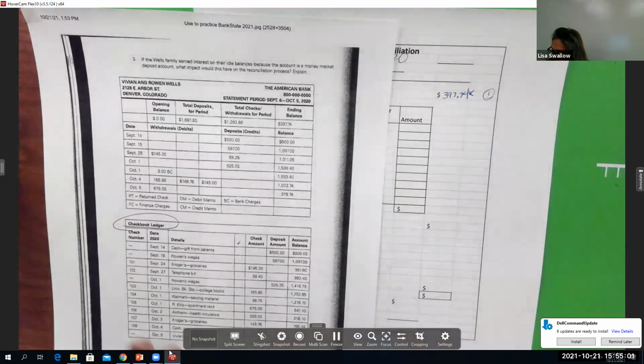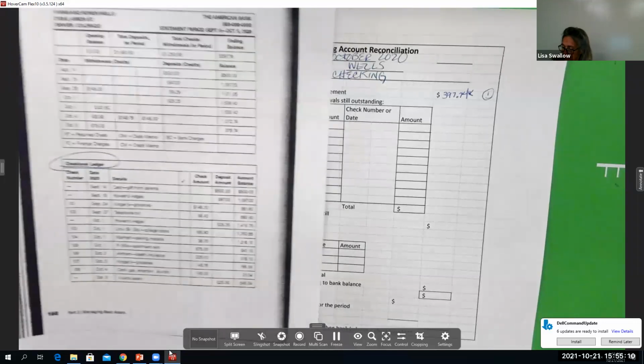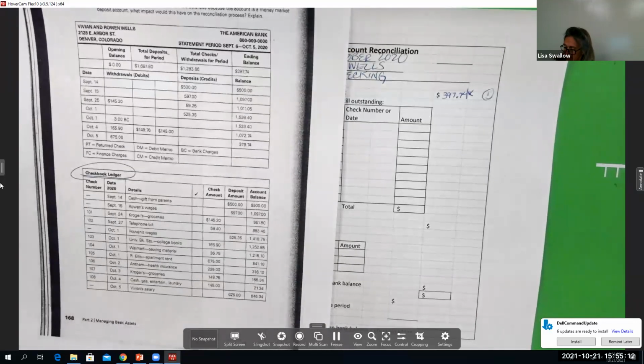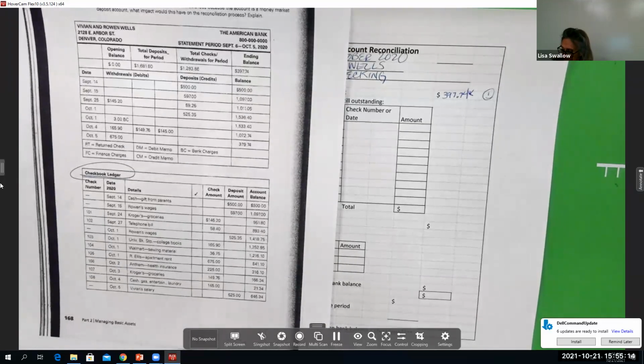And then the second thing that you should do is write down what you think you have in your checkbook, right? So again, stop the tape, look at your checkbook ledger, and tell me, what do you think you have at the end of the month?